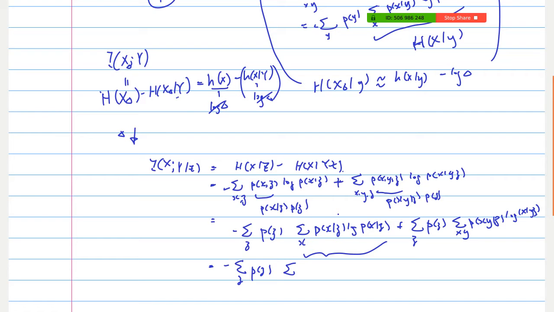Or let me write it this way: this is just equal to the sum over y of p(x,y given z).